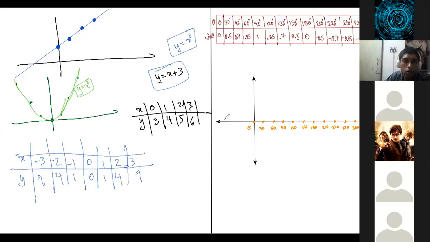In between, we left out the 45 multiples. We have 45 here and 135 here, and similarly 225 and 315 somewhere over here. On this axis, this is 0.5, and let us say this is 1. So 0.85 will be somewhere over here and 0.7 will be close here, trying to make it as realistic as possible.